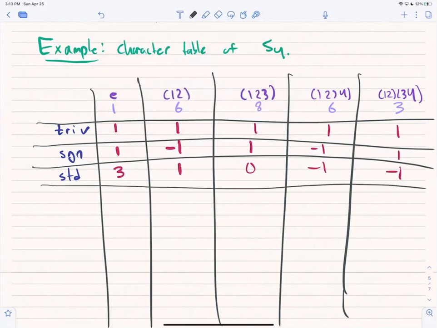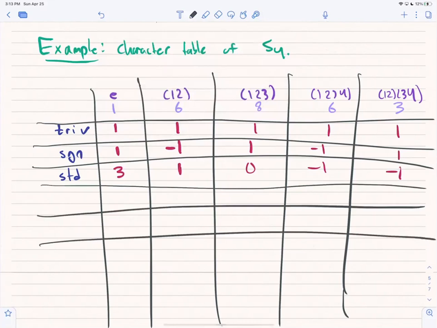We know how many rows we're supposed to get. We know we're missing 2 irreducible representations. One of them is easy to find, it turns out.